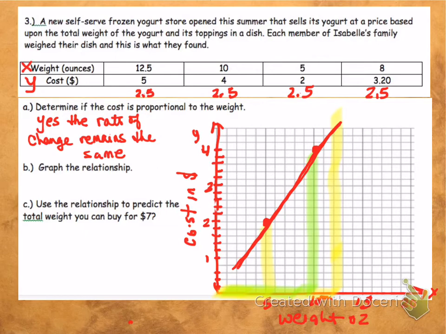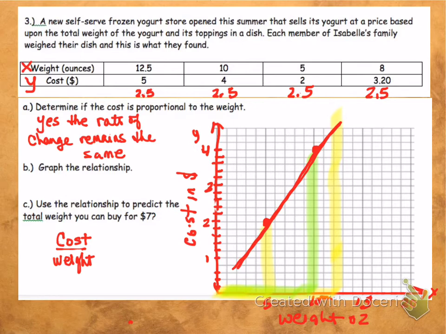Now, if we're looking at the cost for $7, we can take a look at that relationship as the weight compared to the cost, or as the cost compared to the weight, either way.